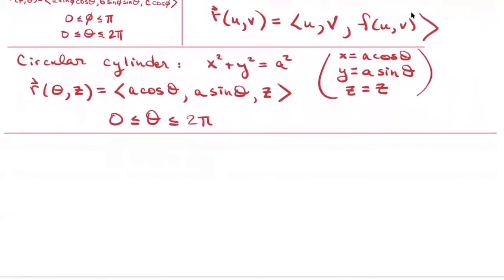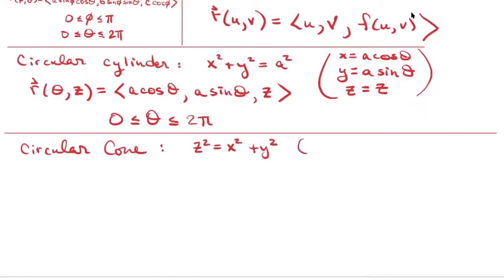If you do a cone, let's try that. So a circular cone. It's been a while, but the cone is x squared plus y squared equals z squared. So we say z squared is x squared plus y squared.